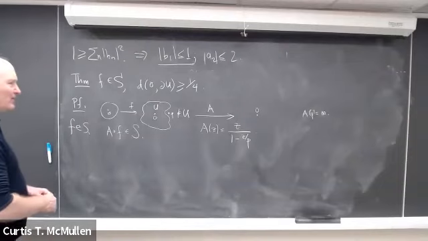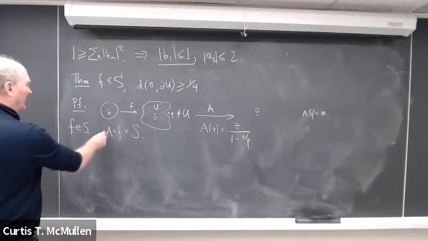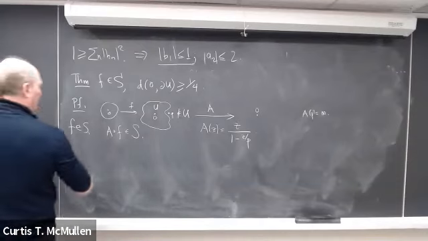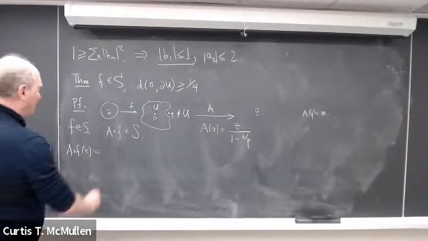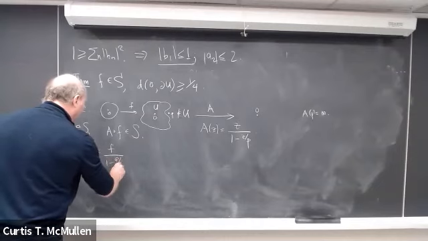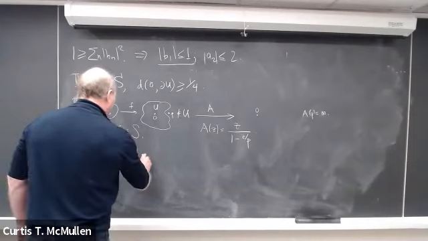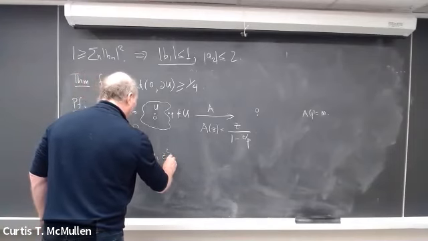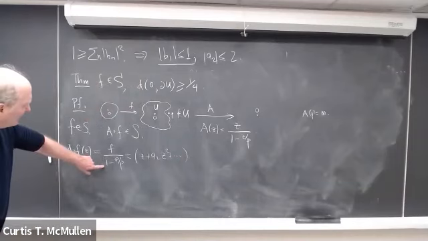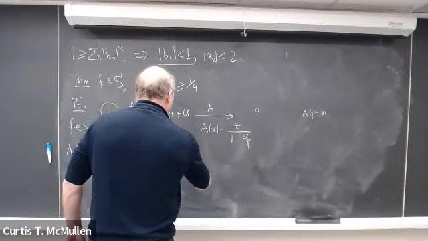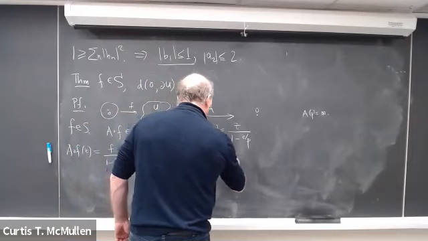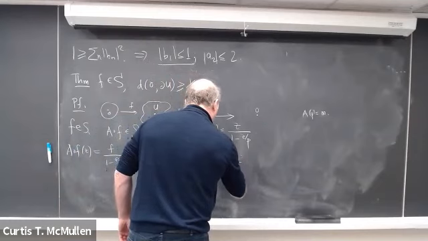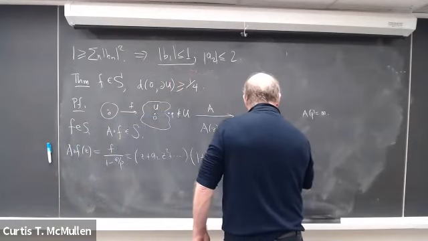Okay, so let's do one last dive into power series and figure out what A composed with f looks like. So A composed with f of z is f over 1 minus f over P. So f is z plus a2 z squared plus etc. And then 1 over 1 minus f over P is 1 plus f over P, which is z plus a2 z squared, etc., over P, plus the same thing squared, and so on.